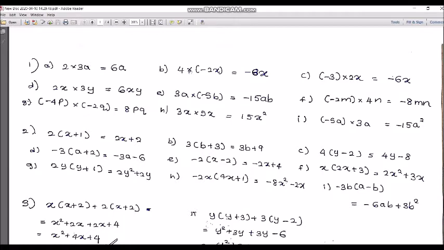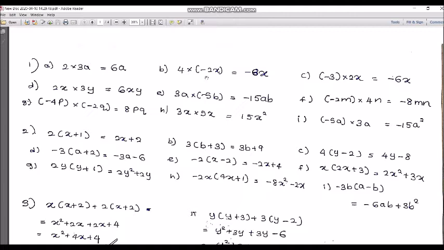Then in the b part, it is the same way; the only difference is there is a minus sign and brackets. Here they have used brackets to show that the minus 2 is multiplied by x. The only thing we have to recall from earlier grades is that plus multiplied by plus is plus, plus multiplied by minus is minus, and minus multiplied by minus is plus.